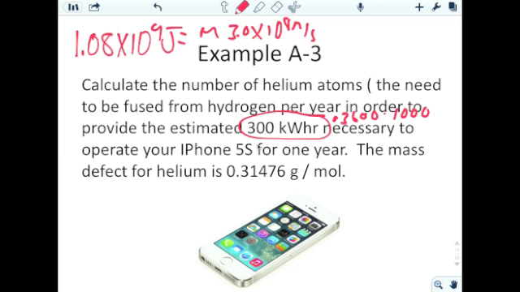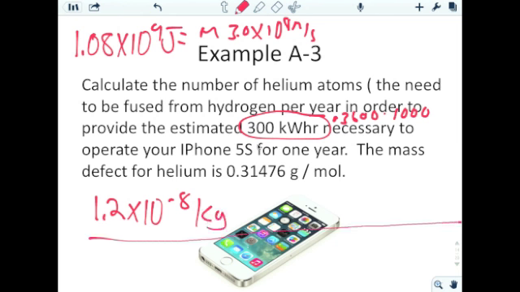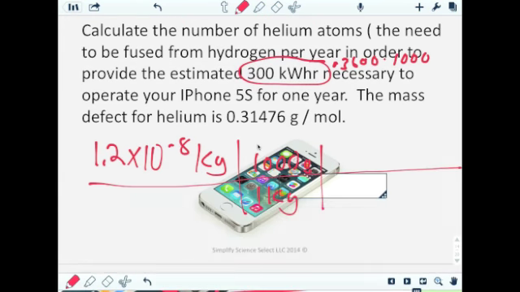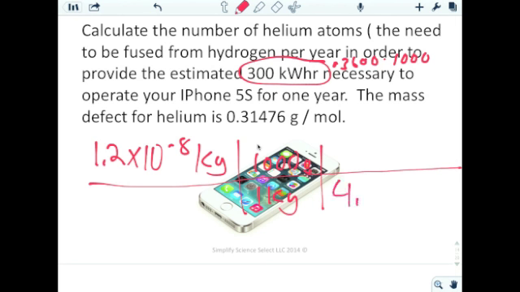So our mass used is 1.2 times 10 to the negative 8th kilograms. And to go from that into atoms, all we have to do is 1 kilogram is 1,000 grams. And we have that a helium has 4.003 grams per 1 mole.